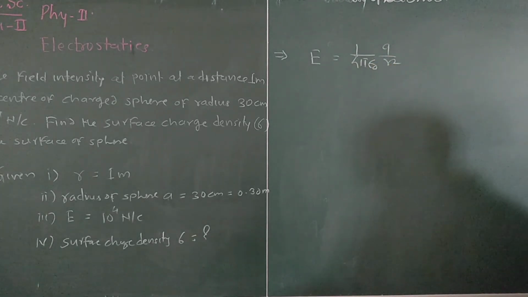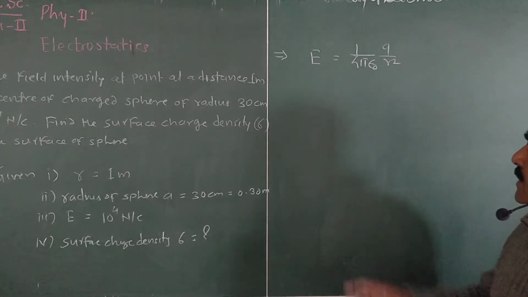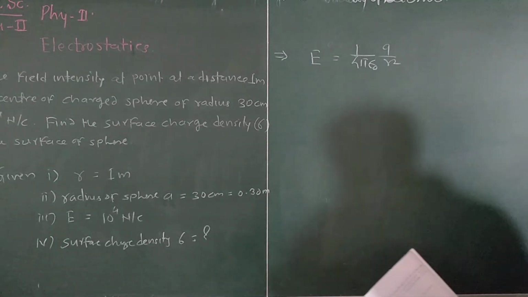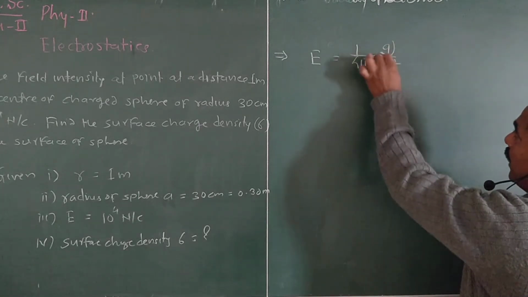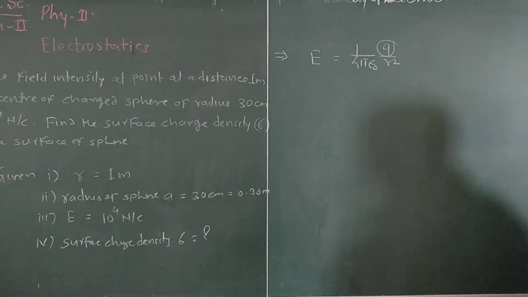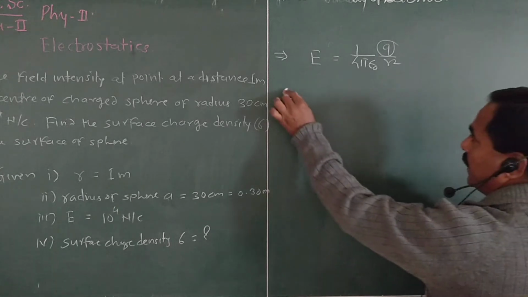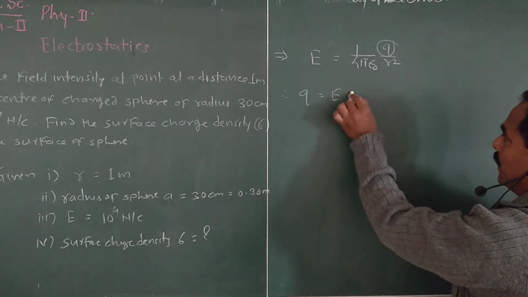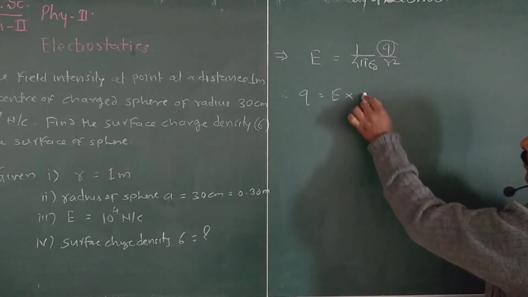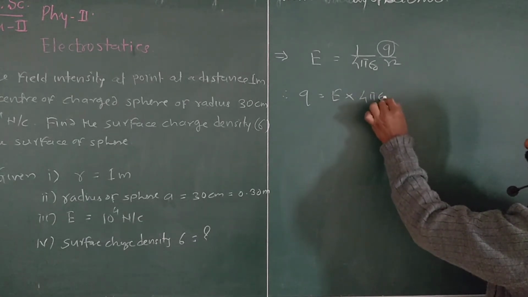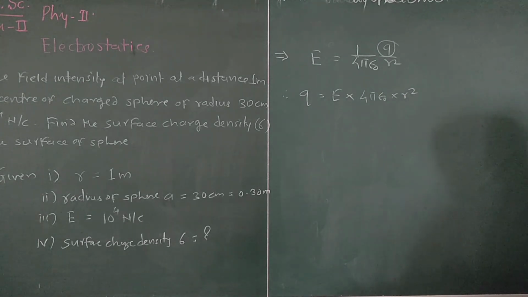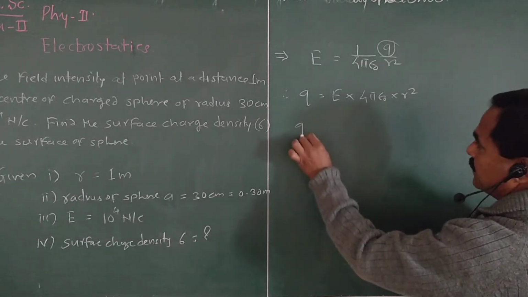First we find the value of Q. Therefore, here we write Q equal to E, electric intensity, into 4 pi epsilon naught into r square. Then we substitute the values.